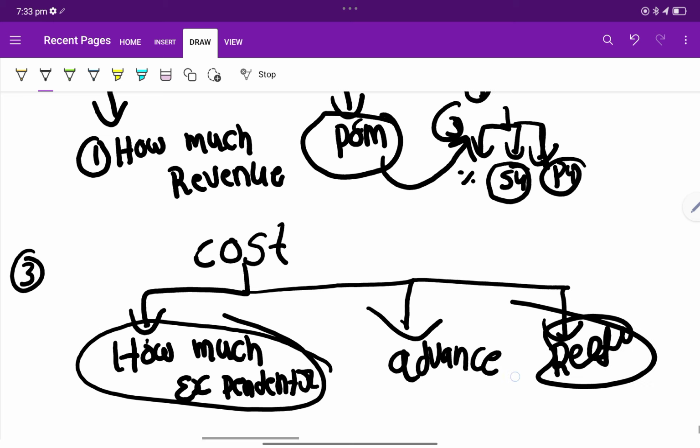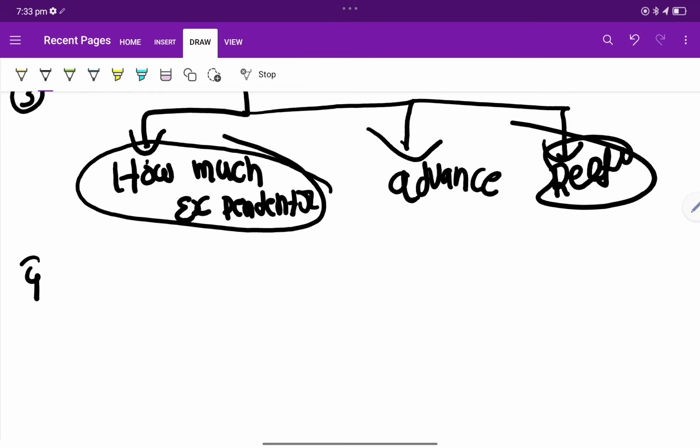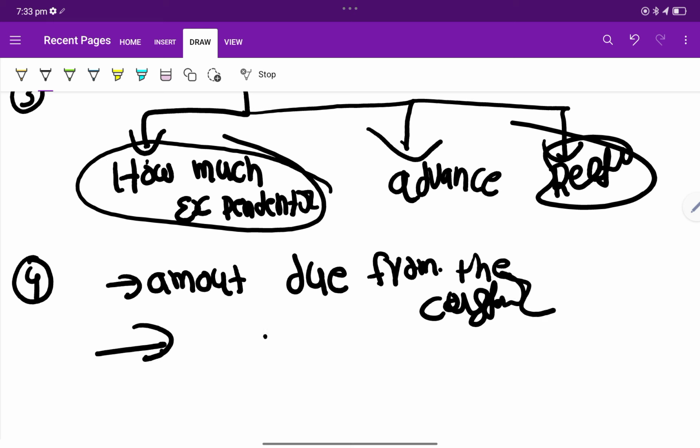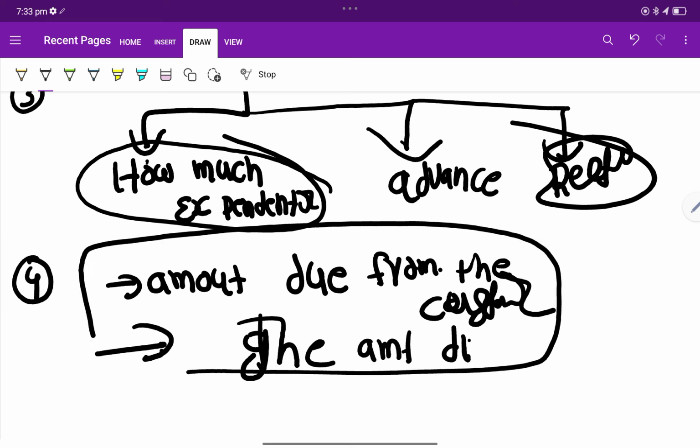This is the third point you need to remember. And the fourth point is amount due from the customer, and the second one is the amount receivable from the customer. You need to disclose these.